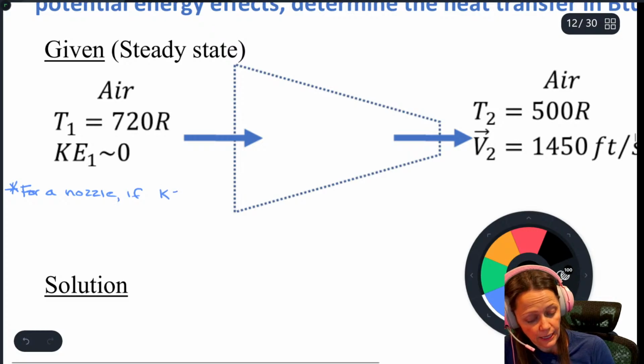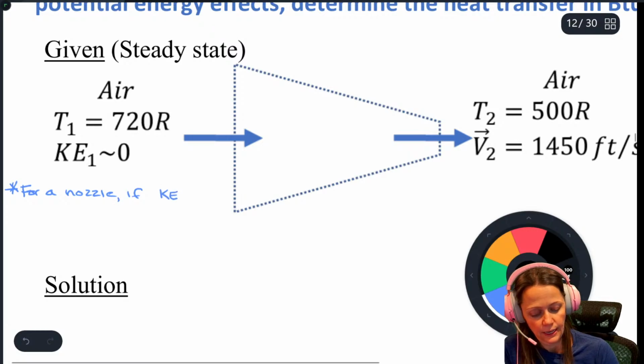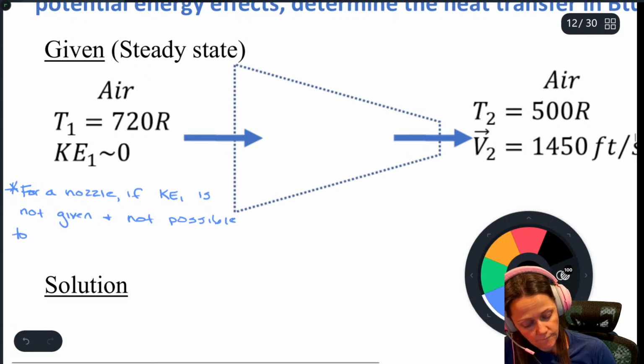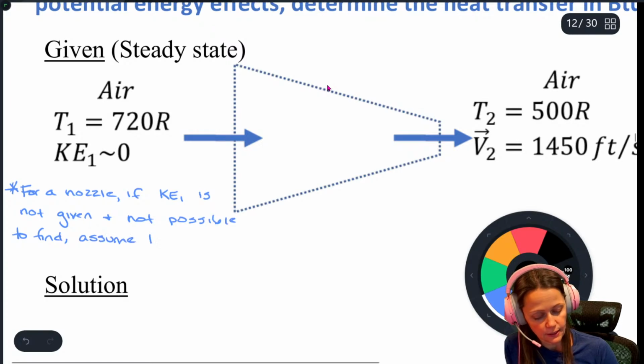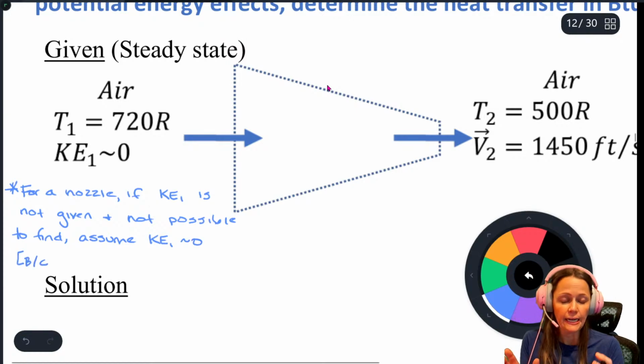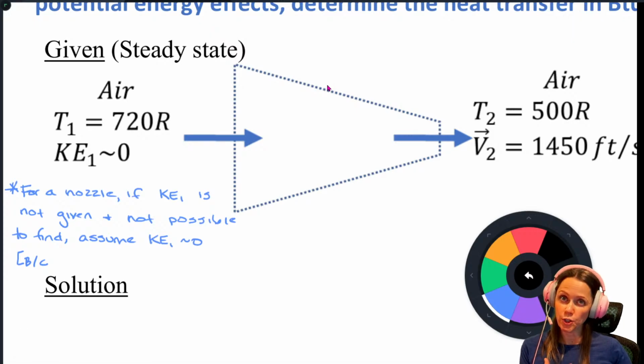if the kinetic energy at 1 is not given and not possible to find, assume the kinetic energy at 1 is approximately 0, because the kinetic energy at the outlet is so much bigger, right?